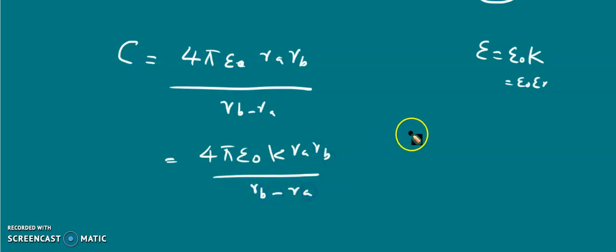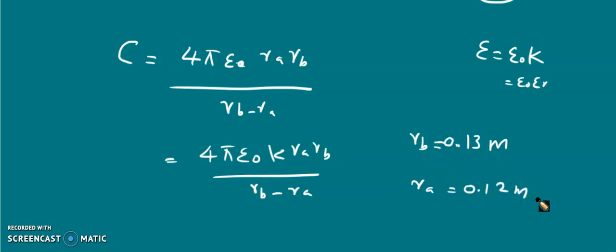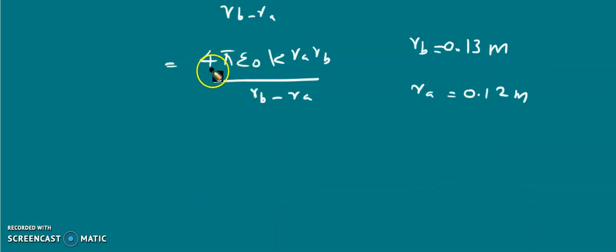Here Rb is equal to 13 centimeters, which is 0.13 meters in SI units, and Ra is equal to 0.12 meters. You can find the effective capacitance by substituting these values, and K here is 32.